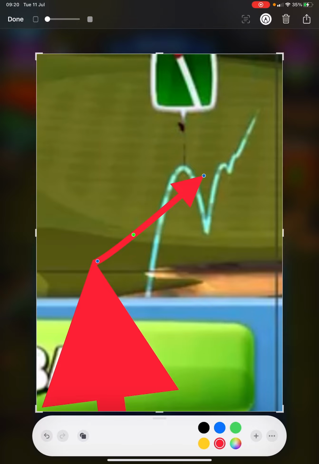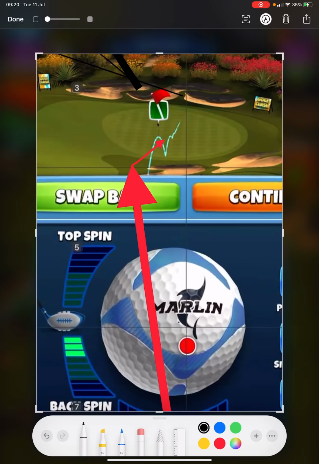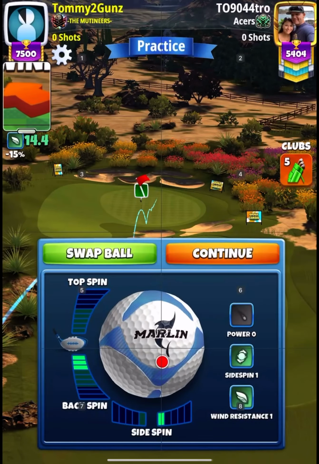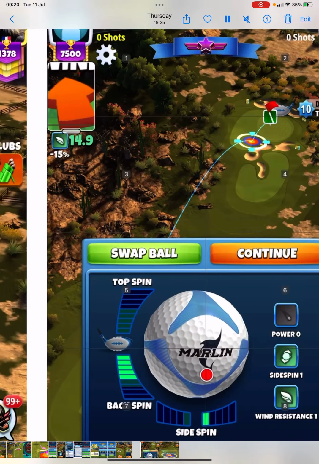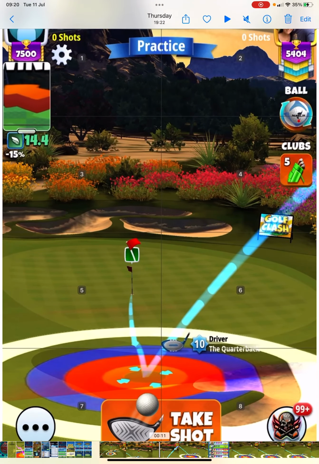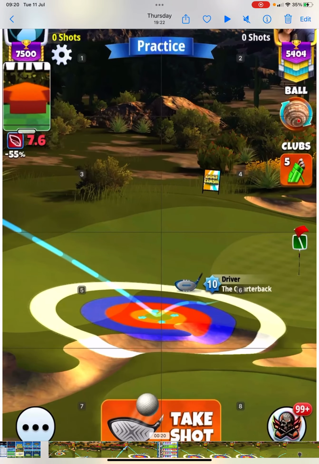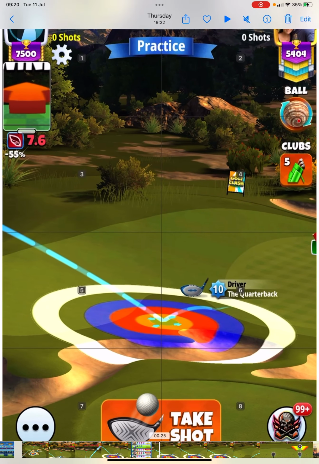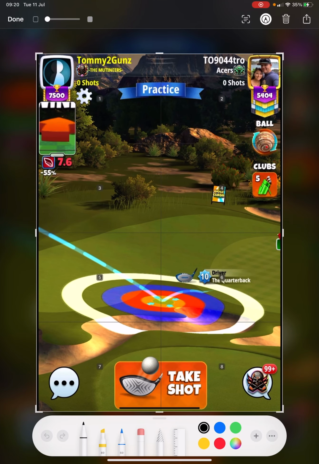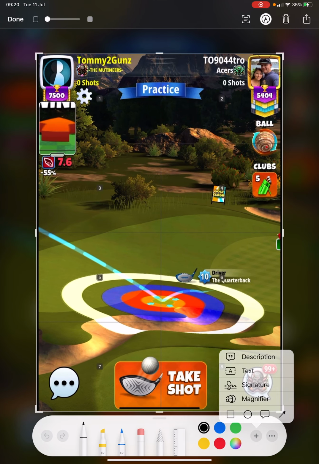But what you then need to think about is, if I get the tailwind, what's going to happen? I'll just play this video a little bit. So I'm setting the spins, finding the position. If I get the tailwind, what's going to happen here? What you've got to think about is where you're pulling to.